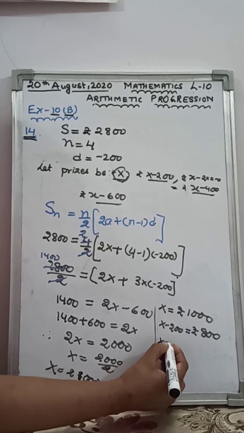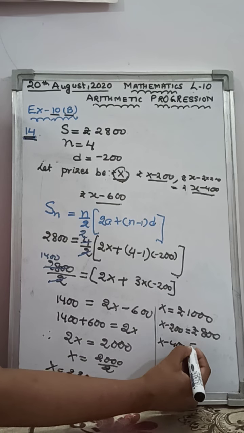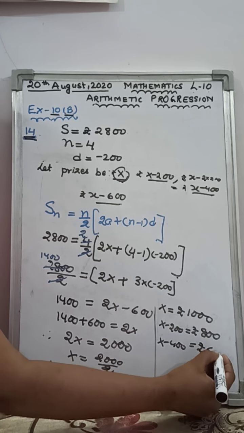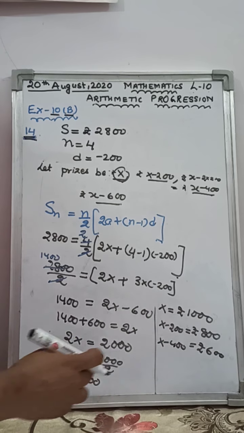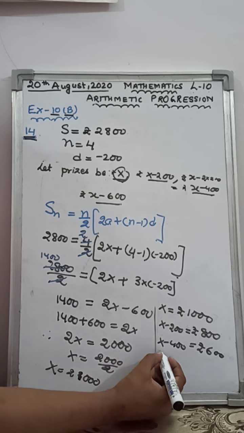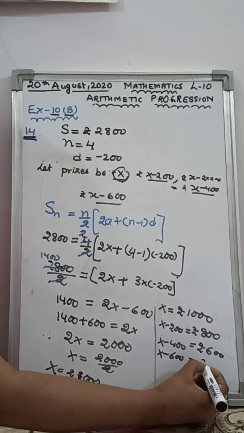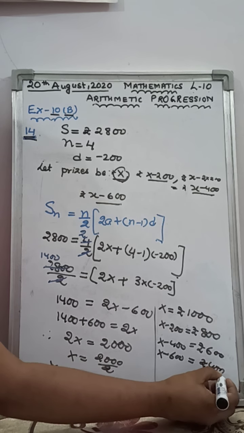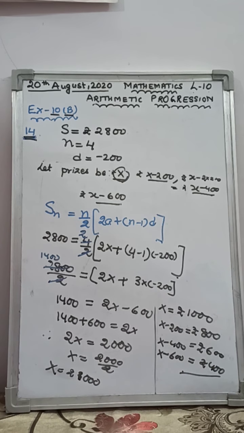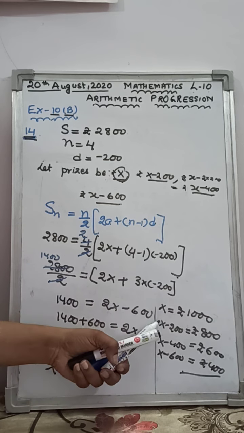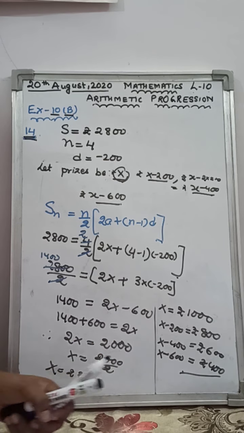Third prize is x minus 400. So it will be 600. 1000 minus 400 is 600. Fourth prize is x minus 600. So this will be your 400. So these are the prizes for the sum of 2800 rupees. First prize, second prize, third prize and the fourth prize.